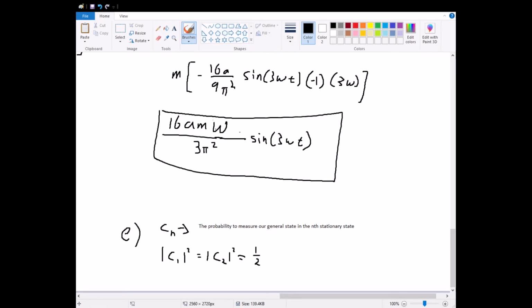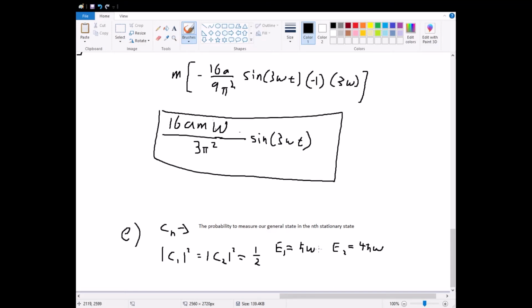So obviously we already know what the energy values are. We know that E sub 1 for the stationary n equals 1 state is just equal to h bar omega. And we also know that E sub 2 for the n equals 2 stationary state has an energy of 4 h bar omega.